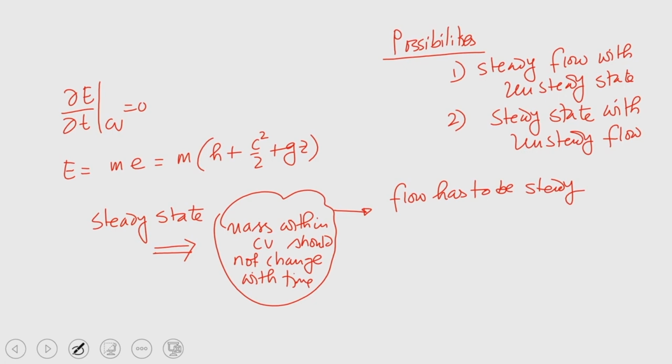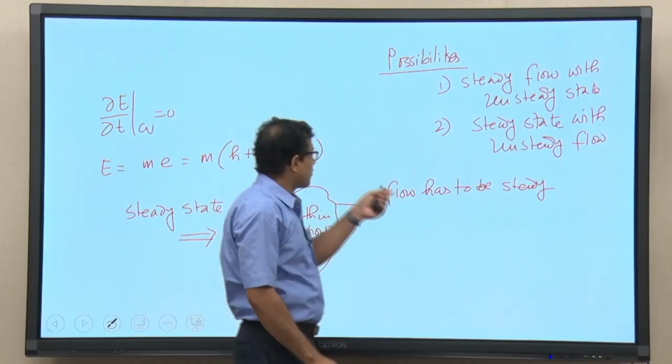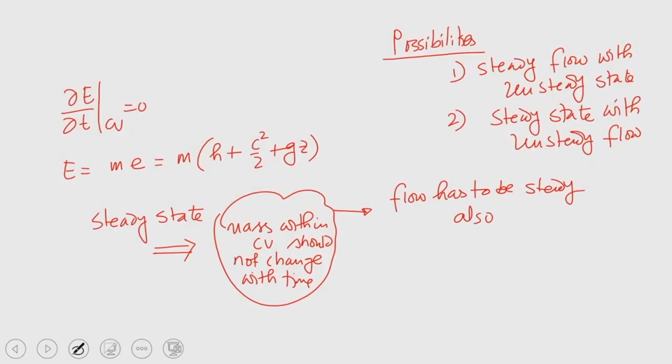So, if maybe the properties are not varying within the control volume with time, but mass is varying with time, even then we can't write that dE/dt of the CV will be equal to 0. So, to have dE/dt CV equal to 0, mass within the control volume should not change with time, and also the properties should not vary with time, right.